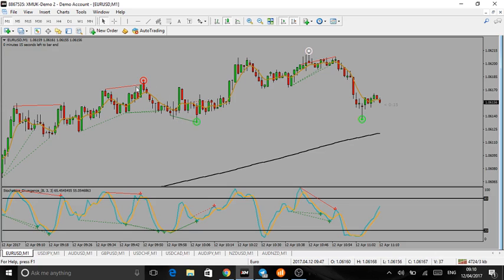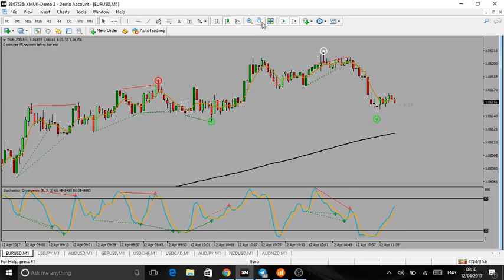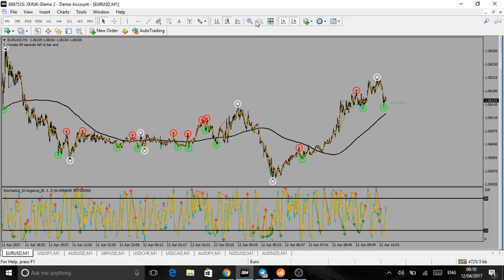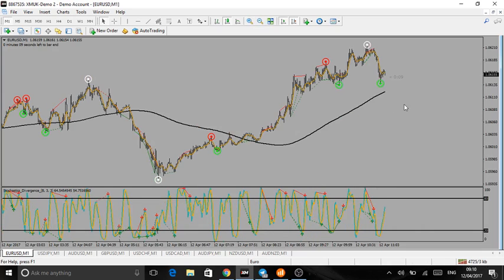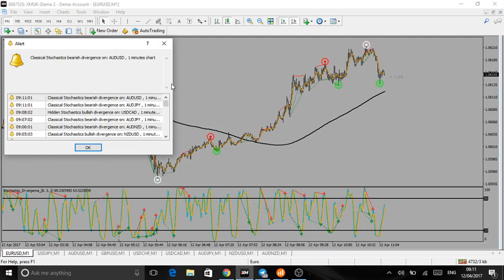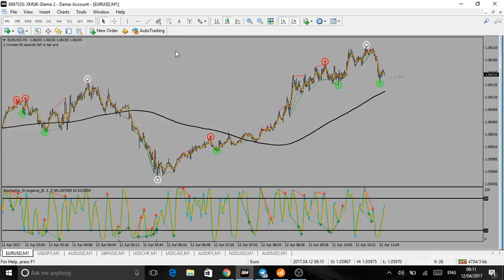The red ones are better confluence, and to increase your winning rate, once the price crosses the 200 moving average and goes above it, only take the green signals. I repeat, only take the green signals. If it's below, only take the red signals. That's it, just that simple.